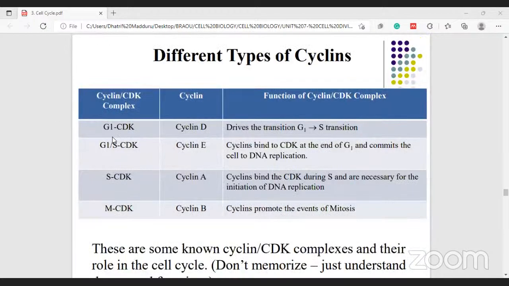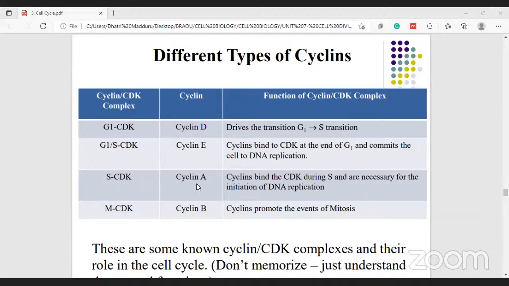So different types of cyclins are there. So G1 CDK, at G1 phase, the cyclin dependent kinase complex. Here cyclin D allows the transition from G1 to S phase. Then G1/S phase and CDK. Here cyclin E binds to CDK at the end of the G1 and commits the cell to DNA replication.